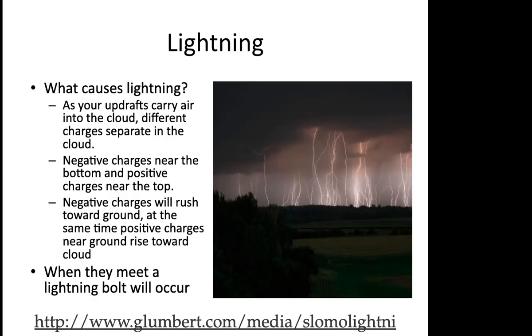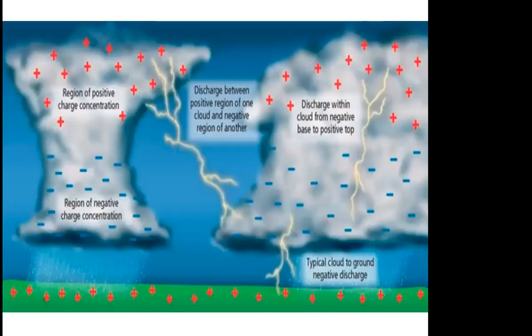Okay? So negative goes towards the what? Toward the ground, right? And the positives that are near the ground do what? They rise up. Okay, so when they meet, that's when the lightning will strike. So this is a picture of what actually happens. You see the region of positive charge and the region of negative charge.